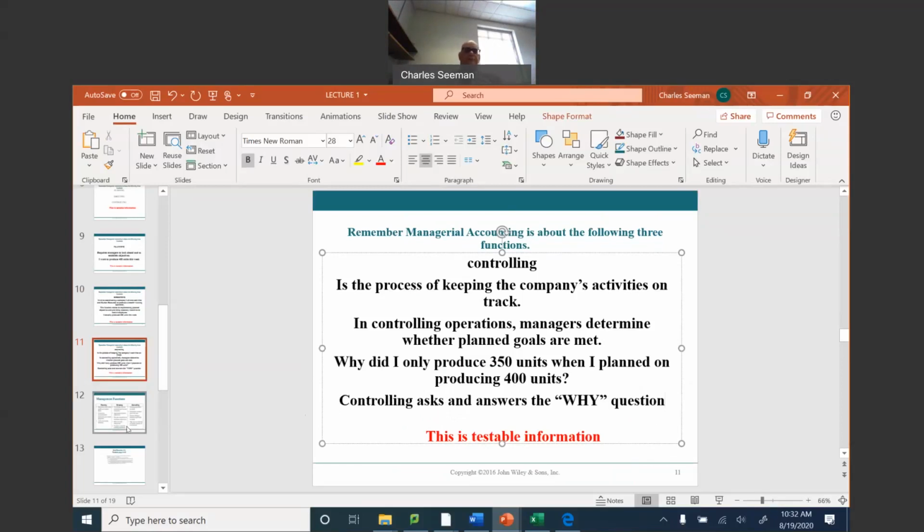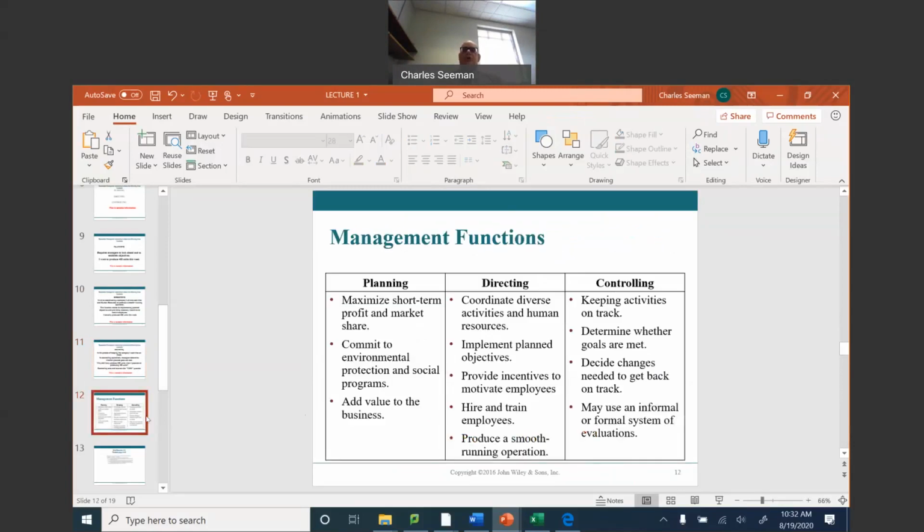Okay, let's move on. So this is not testable. So planning: maximize short-term profits and market share. So what I'm doing is I'm creating a budget, and in that budget, I'm building in the best costs I can do.